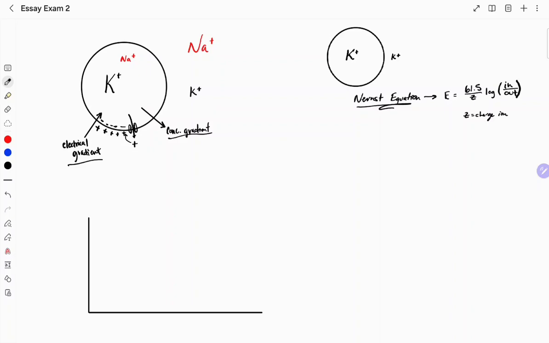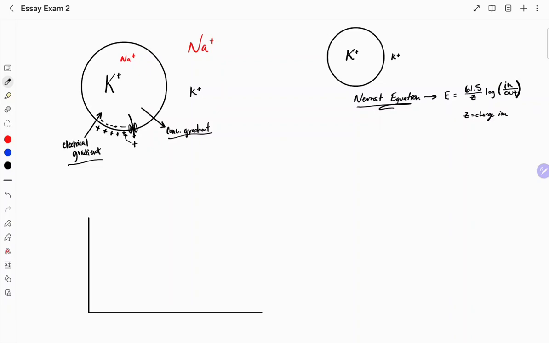So as we have potassium leaving the cell through leak channels due to a concentration gradient, its driving force is pushing it out of the cell. Our electrical gradient is pulling it back into the cell, because the cell becomes more negative as more positive charges are leaving.